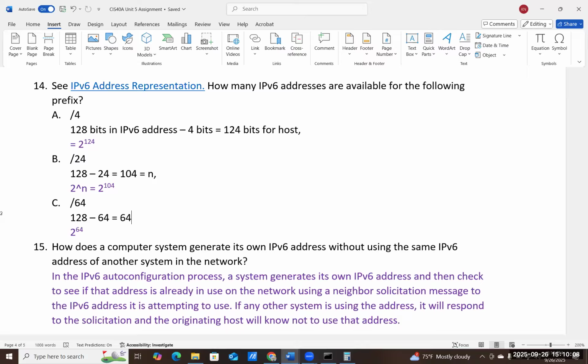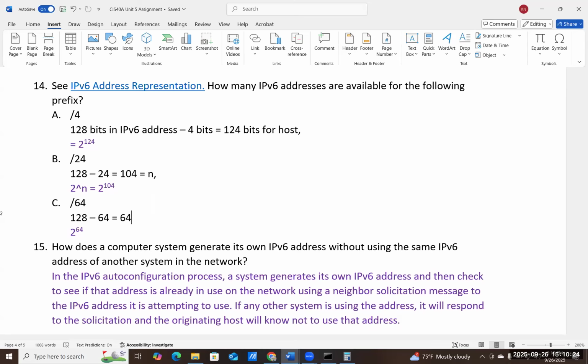So the takeaway, to summarize: start with 128 bits, which is the address size for IPv6. Take the prefix value and subtract it from 128, which is the full address size.